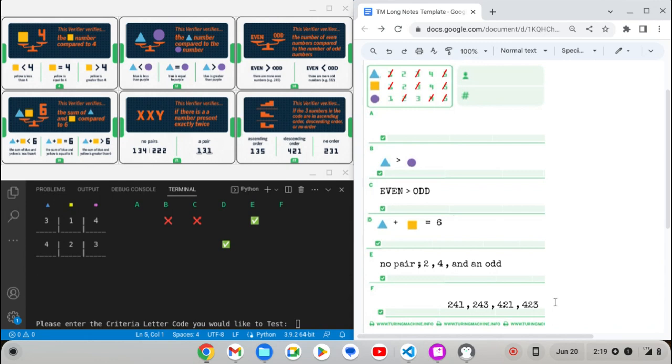And we haven't tested A or F. Well, if they have no order, we'd ignore this case. And then what does that tell us about A?